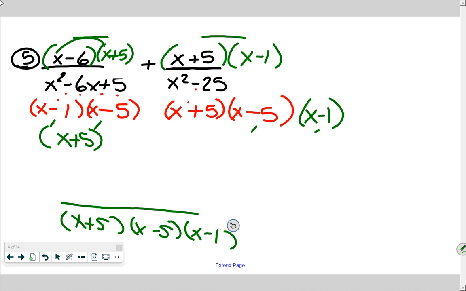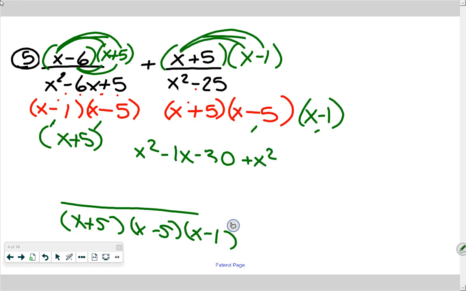So if I distribute this, that's going to give me x squared. That would give me 5x, and a negative 6x, which is a negative 1x. And then a negative 6 times 5 gives me a negative 30. Now I'm doing the same thing to the other one. So x times x is x squared. I have a negative 1x and a positive 5x, so that would give me a positive 4x, and then minus 5.